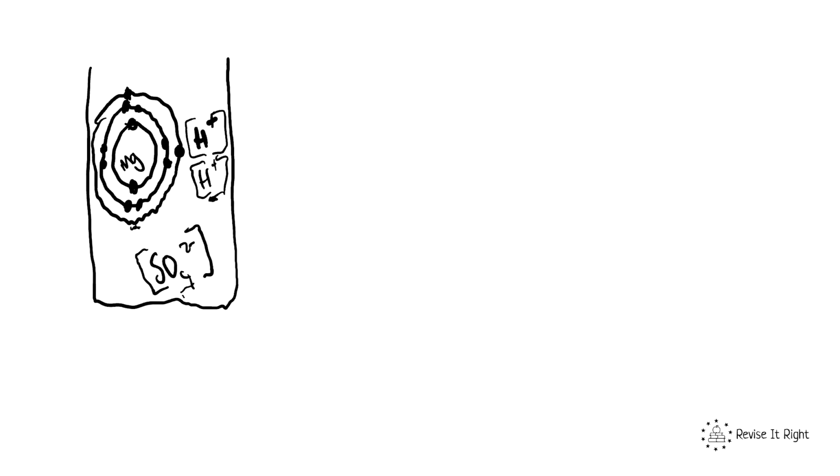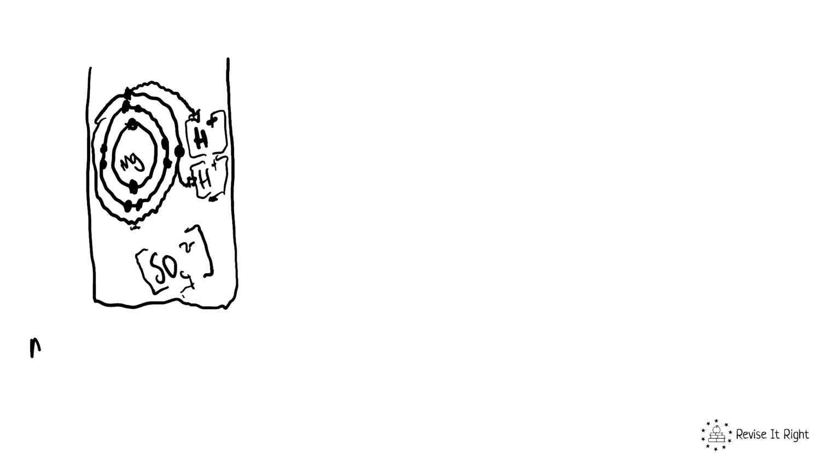So what happens is the magnesium gives its 2 electrons to the H plus ions. Okay, now what happens is magnesium gives 1 electron to this H plus ion and its other electron to this H plus ion.